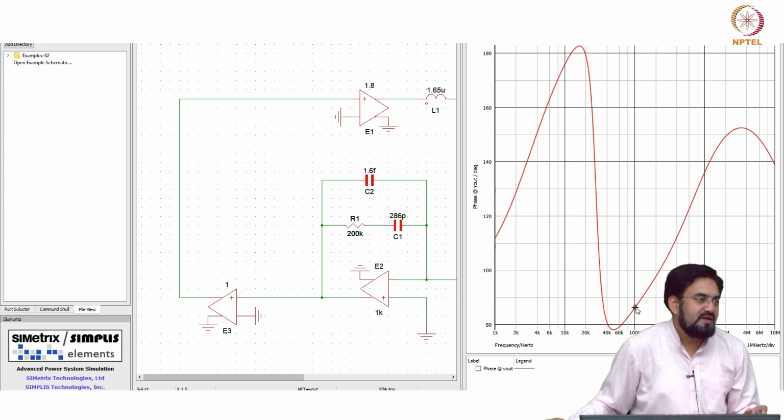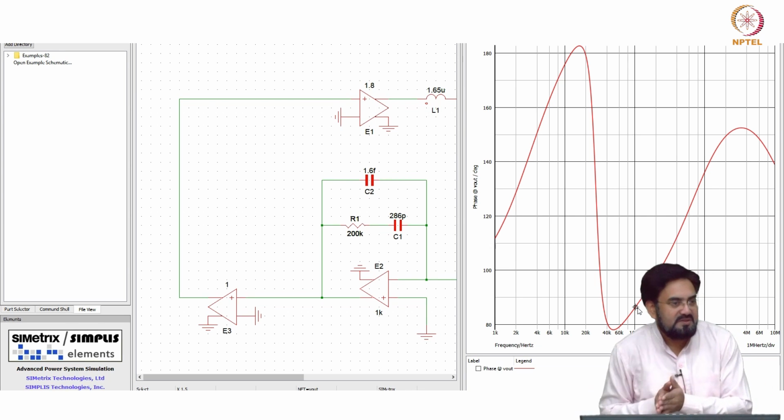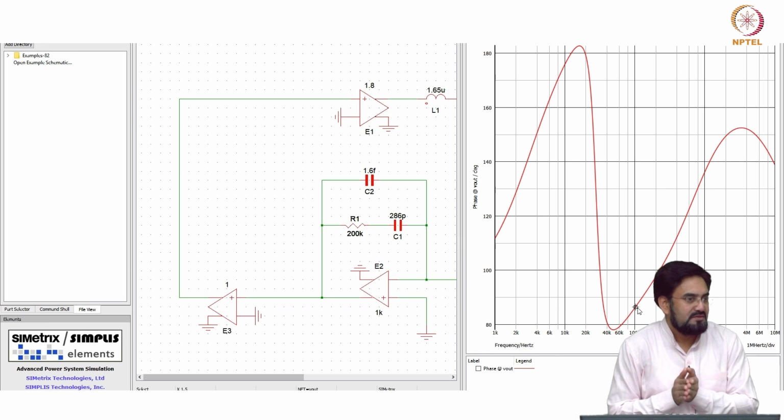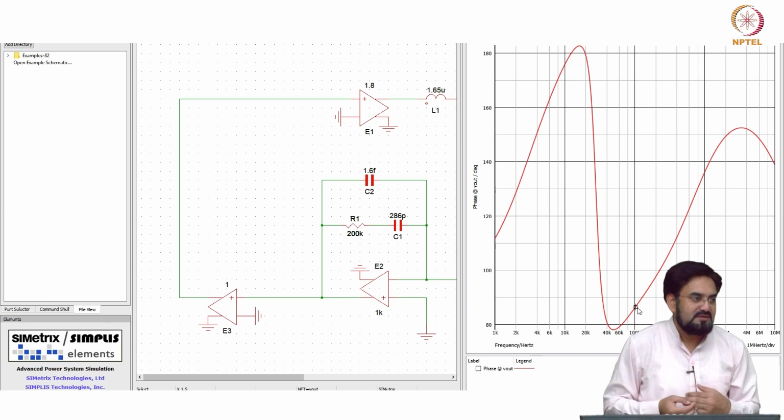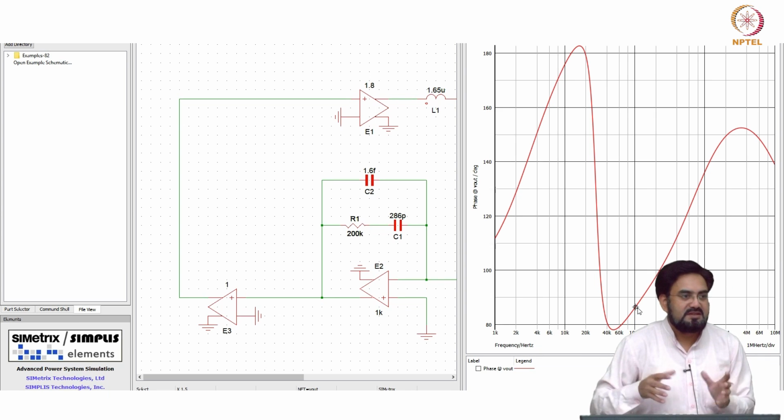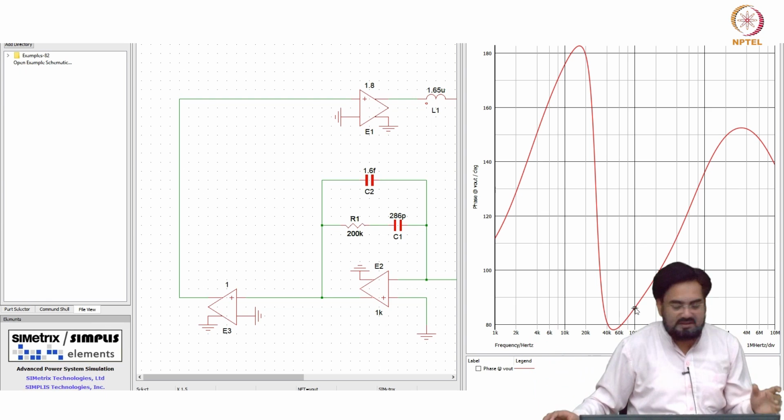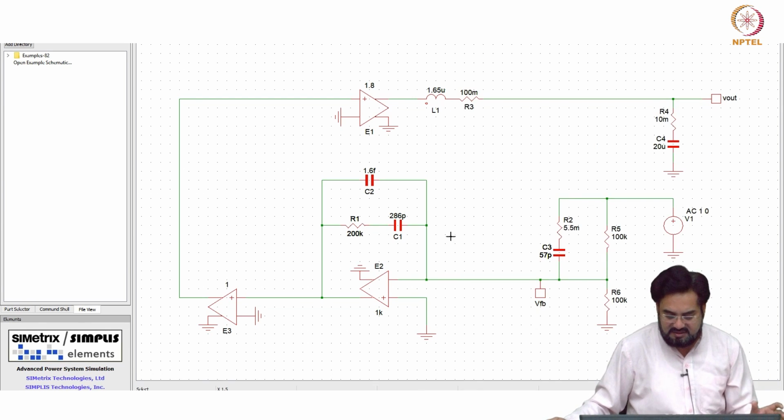Why are we getting slightly higher? Because of the phase contribution from this, I mean usually you get 90 degrees at infinity. So the lower the Z is, the more phase you will have at UGB. So that is why you may get 4 or 5 degrees, but it does not matter.